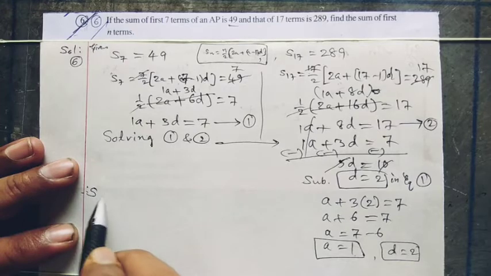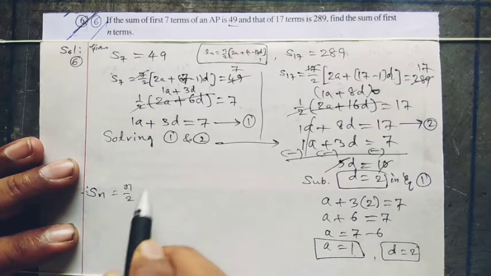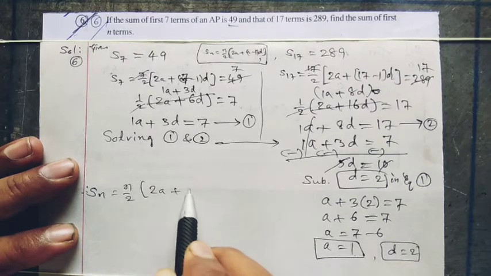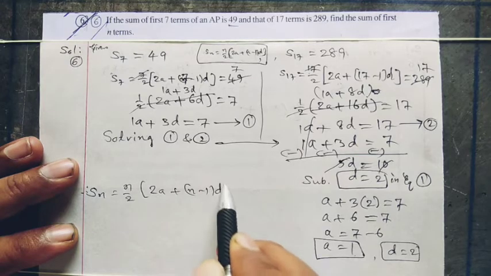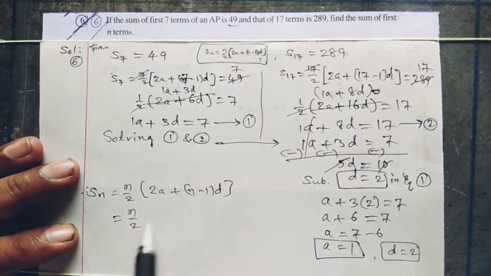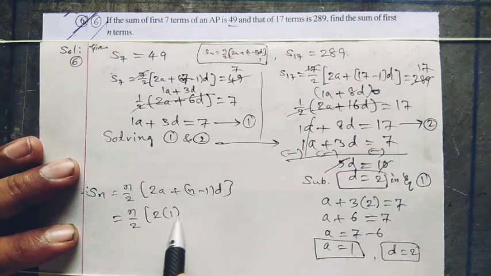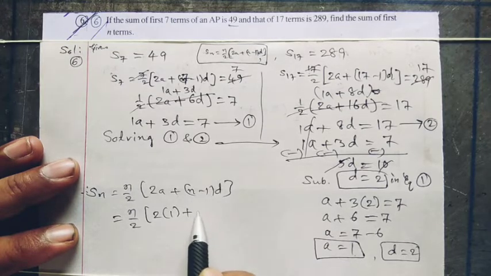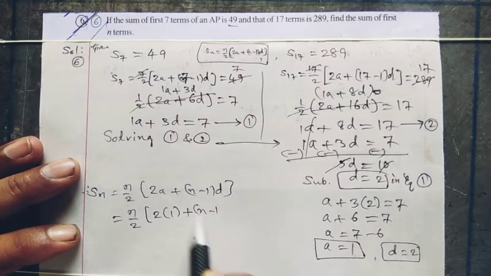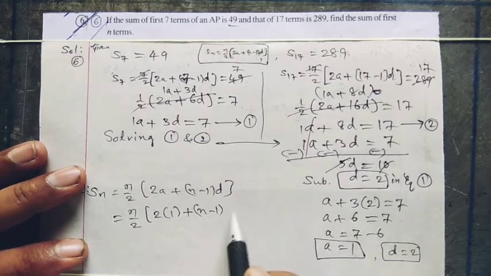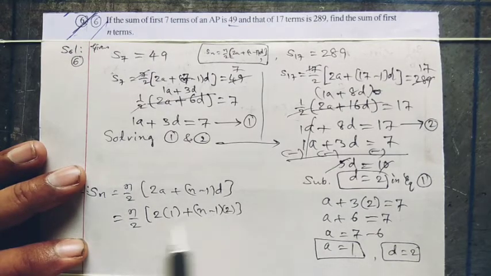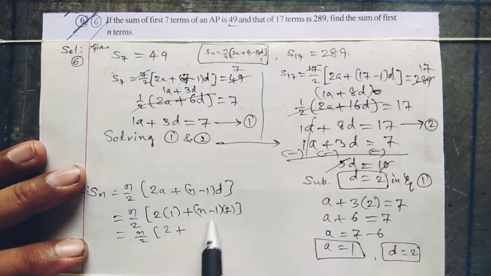Sn is equal to n by 2 into (2a plus (n minus 1) into d). n by 2 into (2 into 1 plus (n minus 1) into d). In place of d we write 2. n by 2 into (2 plus 2n minus 2).